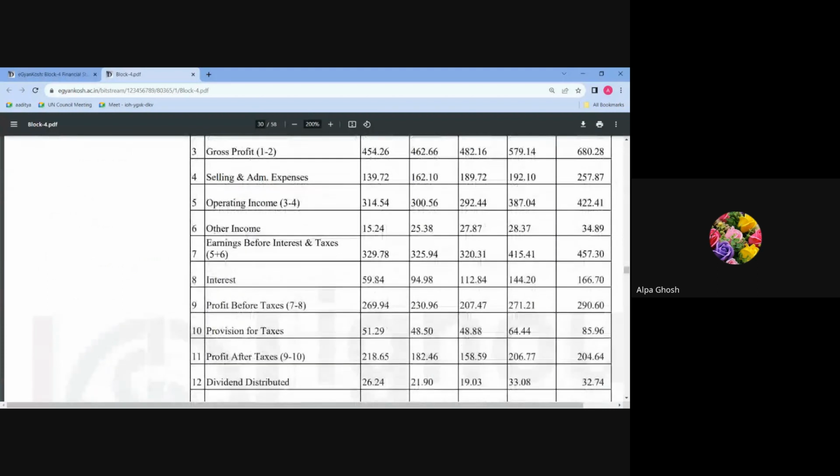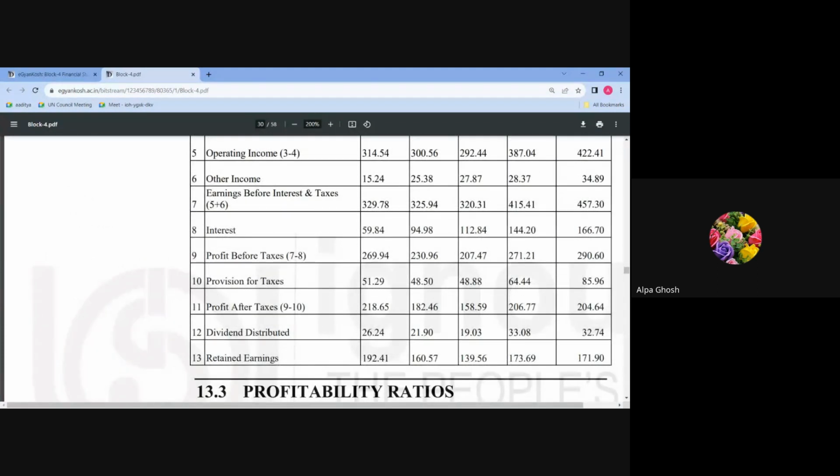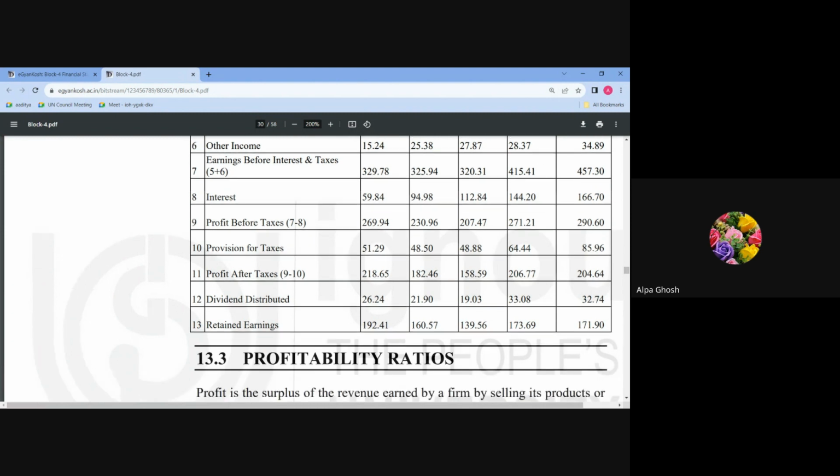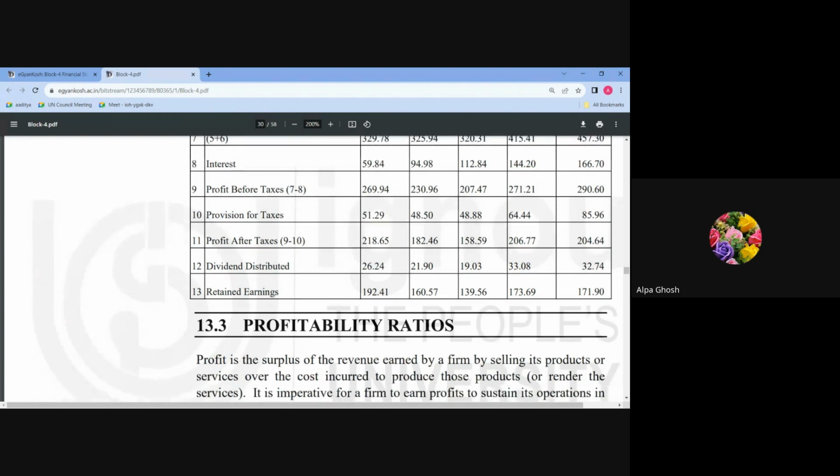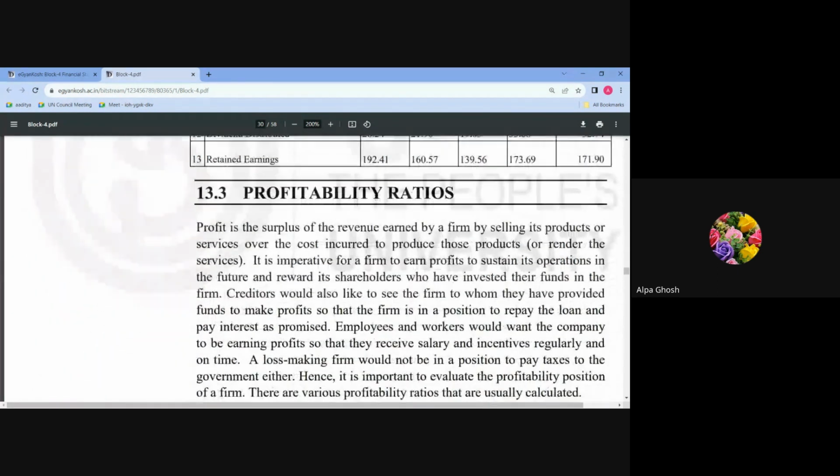So the last one, we will get your profit before taxes, then you pay the tax and you will get profit after taxes. On the balance profit, we pay dividend, and once dividend is paid, the balance is your retained earnings. So on the basis of this hypothetical data, the calculations will be made.